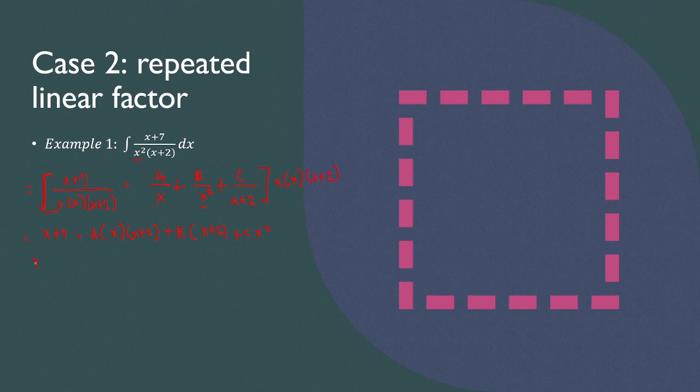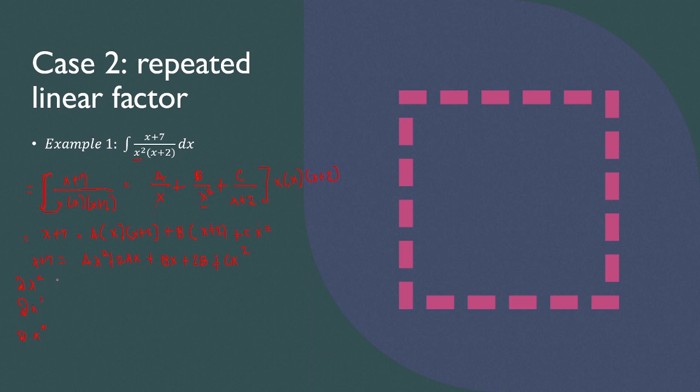So x plus 7 is equal to, let's distribute, a times x plus 2, plus bx plus 2b plus cx squared. So let's collect the x squared, x to the power of 1, and x to the power of 0, which is a constant.